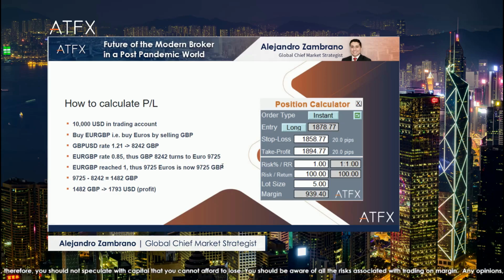So when you close out the position, you now get more British pounds back compared with what you actually sold to be able to open this position. The difference is 1,482 British pounds. And that is your profit. But because you have an account in US dollars, this is converted into US dollars. And all of this is happening in real time, so you don't have to manually calculate your profit in your base account, which in this case happens to be US dollars.